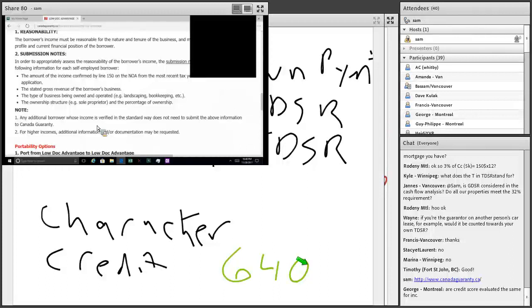Now, mind you, if you're only putting down 10% down payment, the fee or the insurance premium on this deal is going to be slightly higher than a conventional deal where they're using traditional income verification documents. Okay? And every lender has different ways to verify income. Some will say, give us your notice of assessments, give us your pay stub, give us your T4 for the year, and then show us your bank statements, show me those deposits actually going into your account, right?